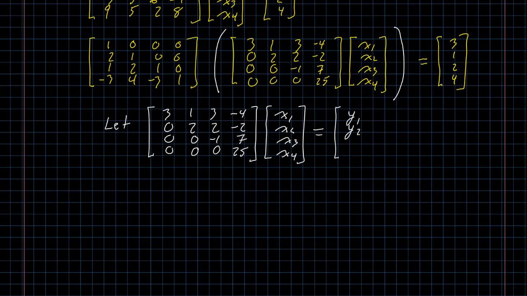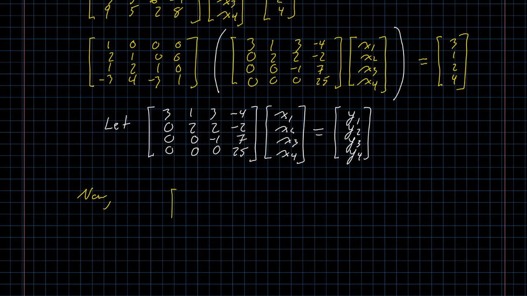And since I'm a mathematician and mathematicians are boring, the next letter after x is y. Let's just call it a bunch of y's. y1, y2, y3, y4. And then I'm going to substitute in. The stuff in parentheses in that last equation is now this new column vector.